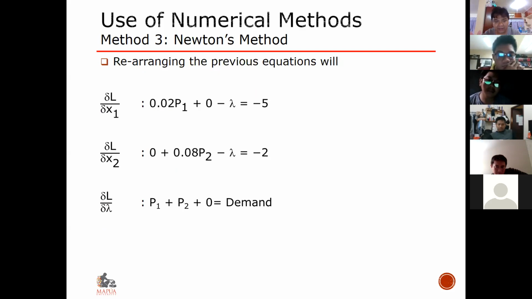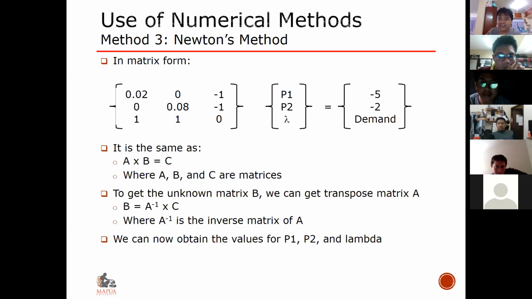Di ba, ito yung partial derivative ng Lagrange with respect to x1 or with respect to p1 yan, with respect to p2 and eventually with respect to lambda. Okay? When you rearrange that, yung first column puro p1 dapat, second column p2, third column lambda, tapos yung right side dapat puro constant value. Okay? So pag ni-rearrange mo siya ng ganon, you'll eventually get this kind of form of matrix.